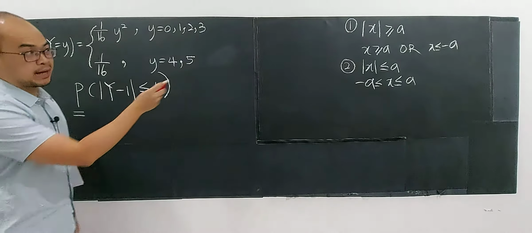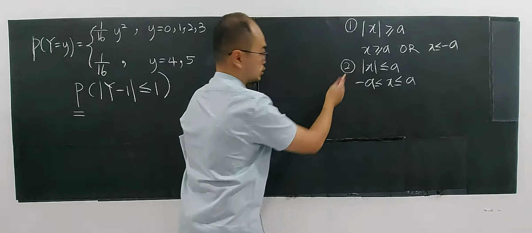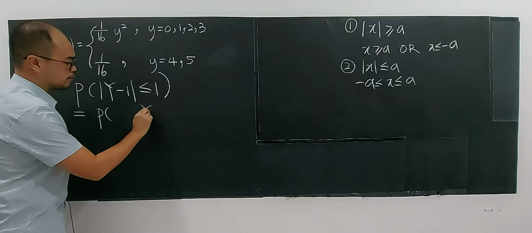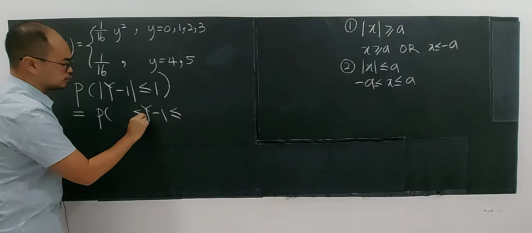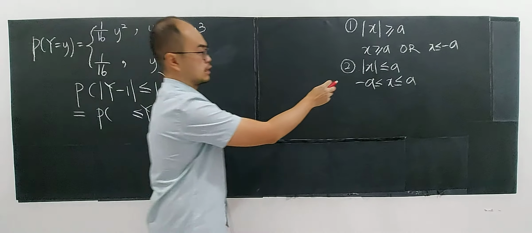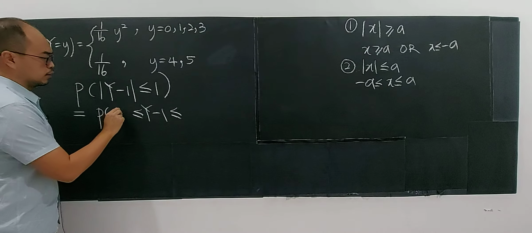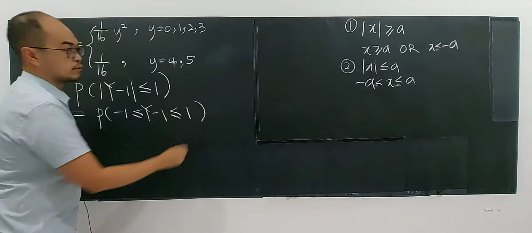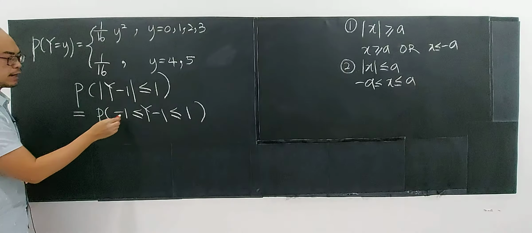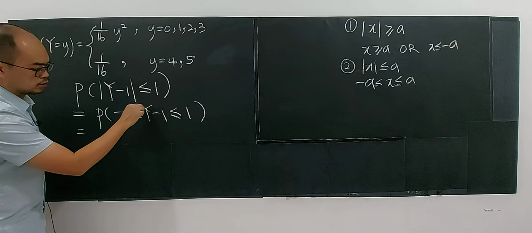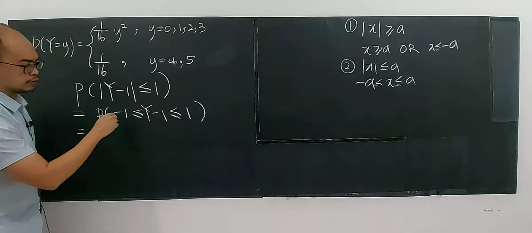Very simple. Apply your prior knowledge. It means the probability of y minus 1 is within negative 1 and positive 1. So this is your negative a, positive a. You add 1 to everything in the inequality.